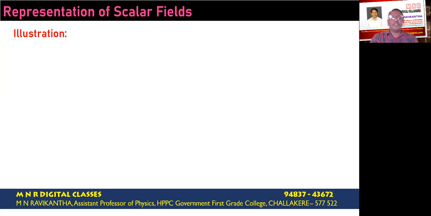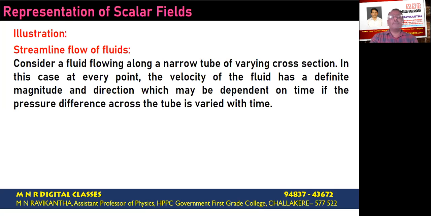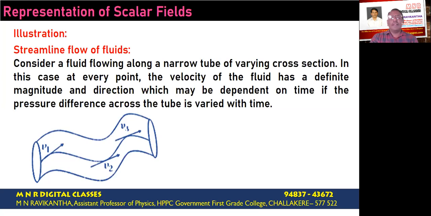Now let us take one more example: the streamlined flow of fluids. Let us consider a fluid flowing along a narrow tube of varying cross section. We know that at points where the area of cross section is more, the fluid moves with lower velocity, while at points where the area of cross section is less, the fluid flows with greater velocity.